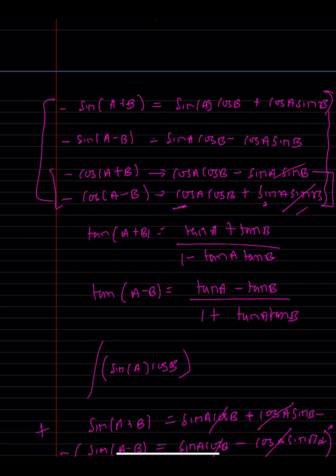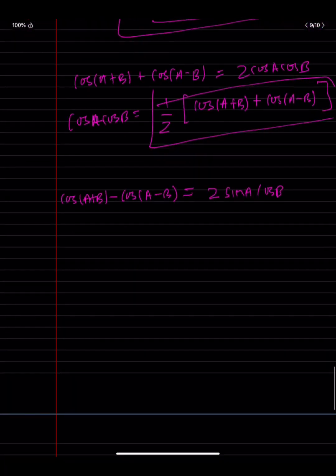We are going to have this part, and at the end of the day, sine A sine B is also going to give us 1/2 cos A plus B minus cos A minus B.